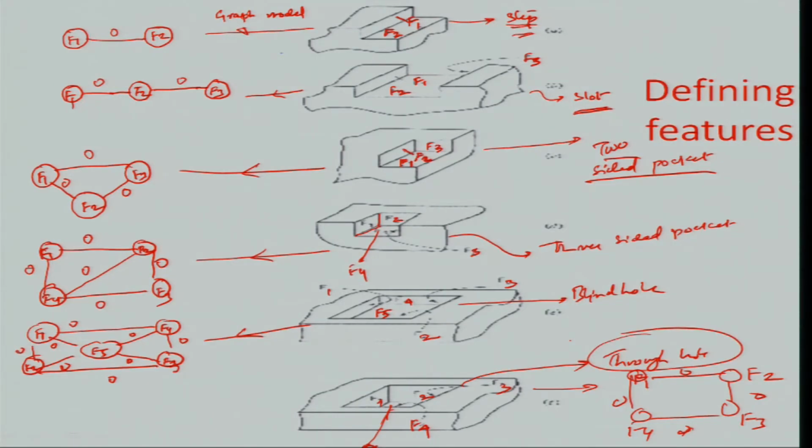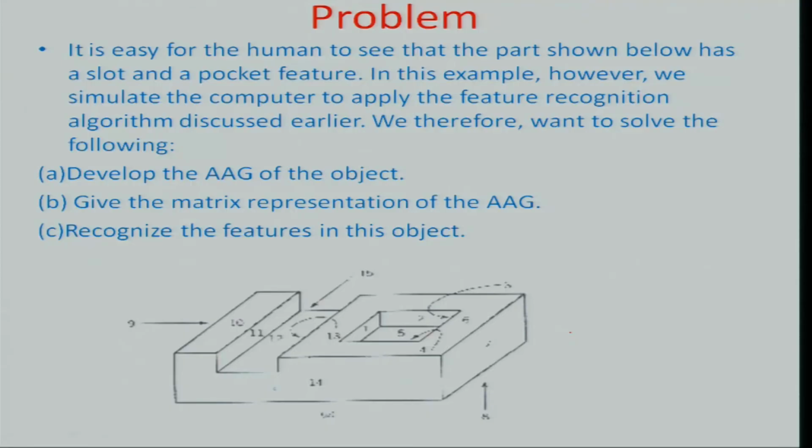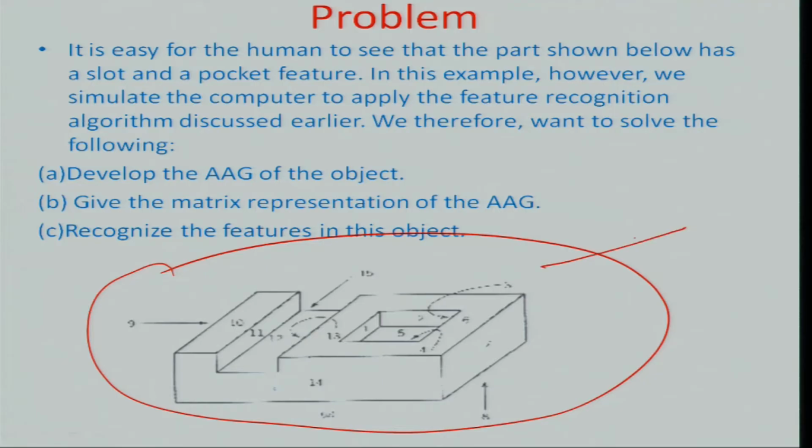So once you have defined these features, then the question is, how can you resolve a surface into the graph model and identify in that graph those zones which correspond to one of these features, and that would in a way allow the computer to logically read what is a feature or what is a non-feature on a certain solid model. So let's look at a problem example now, where let's say this is the surface which is actually in question, where we can split up into the different parts, different surfaces, and the graph can potentially be drawn.